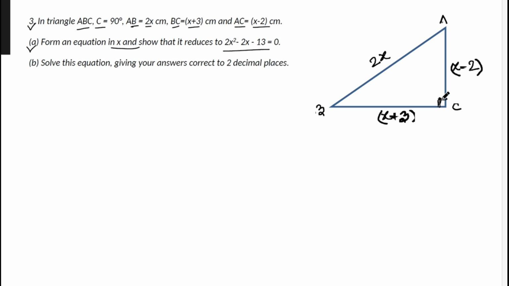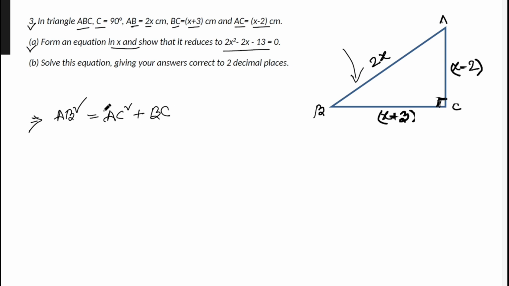When this angle is 90 degree, so this is the right angle triangle. So for right angle triangle, we know the square of hypotenuse, that is AB. It means AB square is equal to summation of square of two opposite sides, and that is AC square plus BC square.